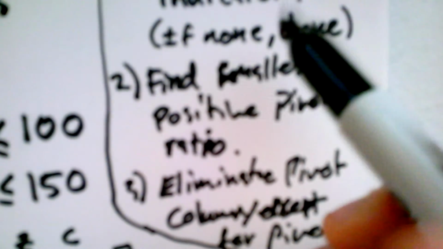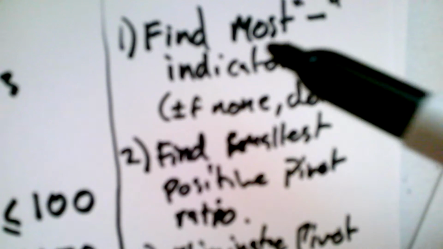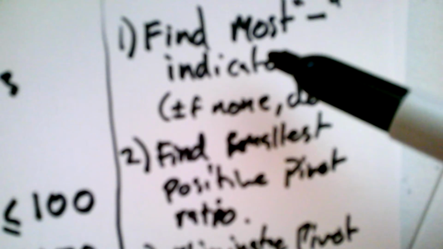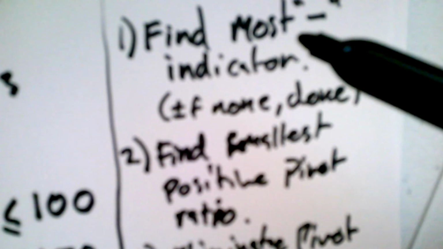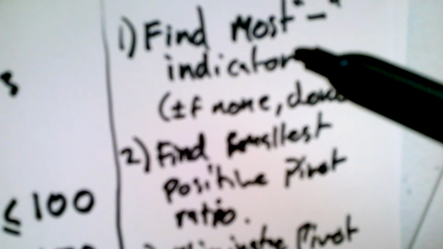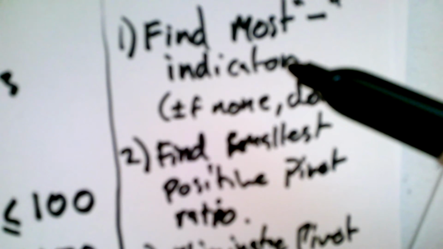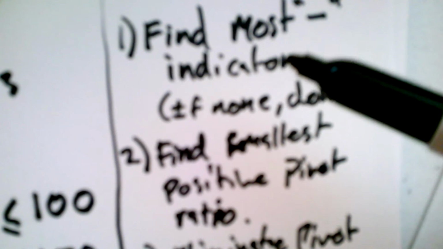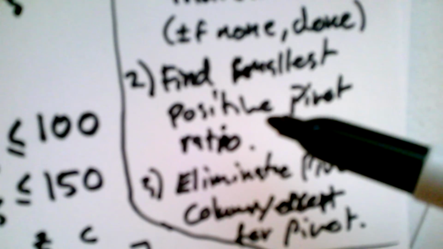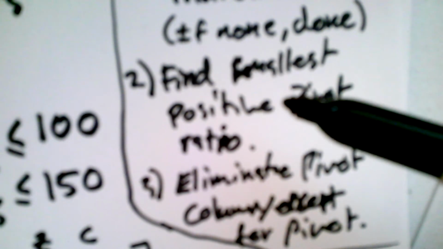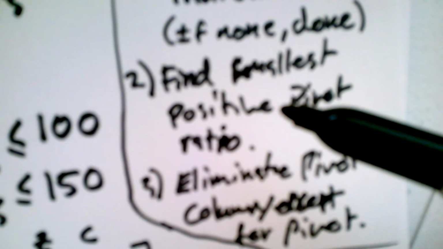Oh, and in both cases, if you have a tie for most negative indicator, use the one furthest to the left if you have multiple entries in your tie. You have 3 or 4 that are all most negative together and tied. Take the one furthest to the left. The smallest positive pivot ratio. If there's a tie for smallest positive pivot ratio, use the one that's furthest up, closest to the top.